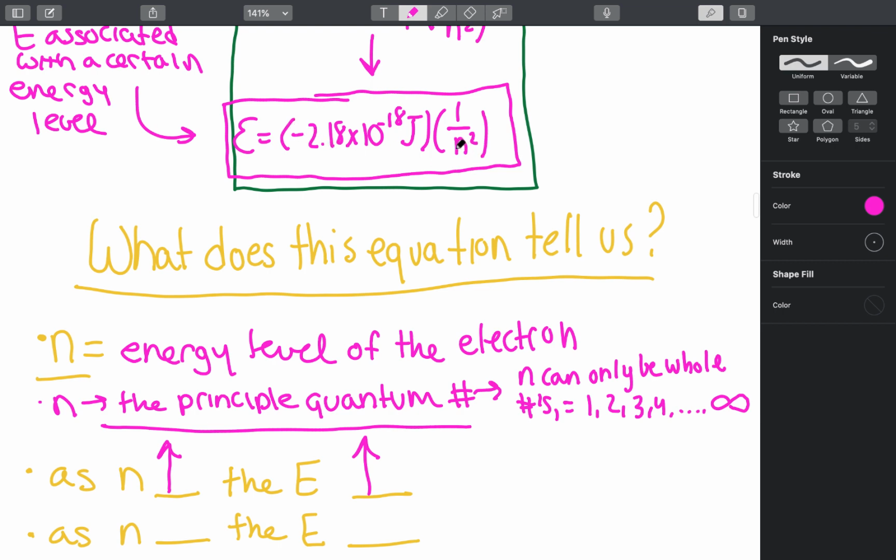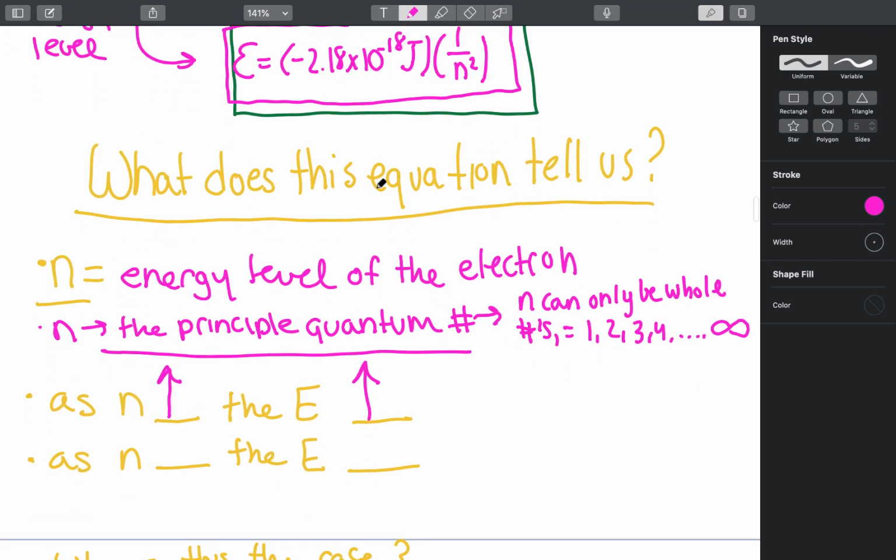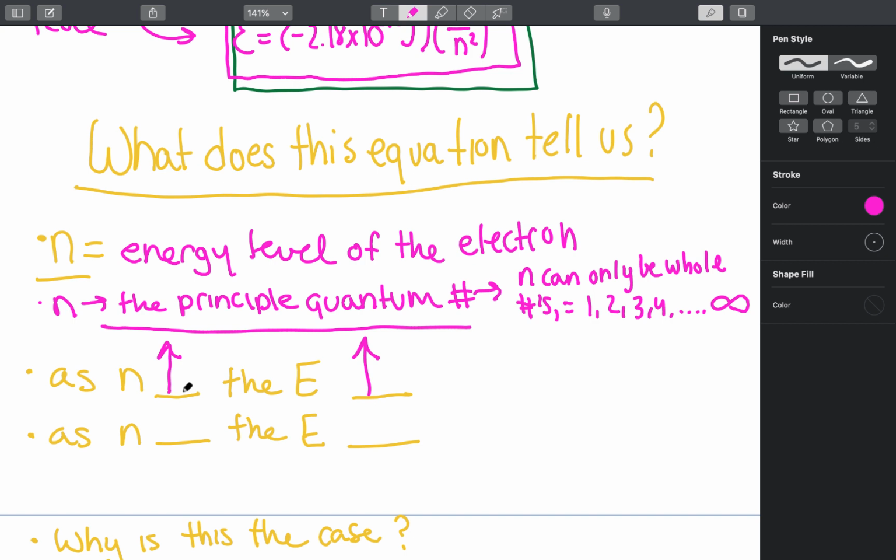So when you increase the value of n, you decrease the negativeness of the energy, making the energy more positive and therefore increasing the energy. So that's why increasing the value of n increases the energy associated with that state. And therefore we can say the opposite. As n decreases, the energy must decrease.